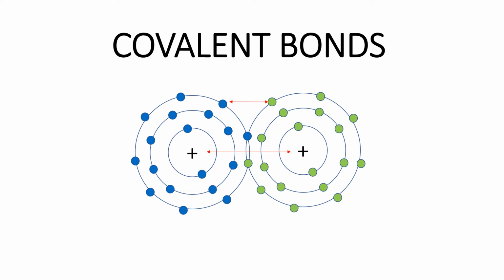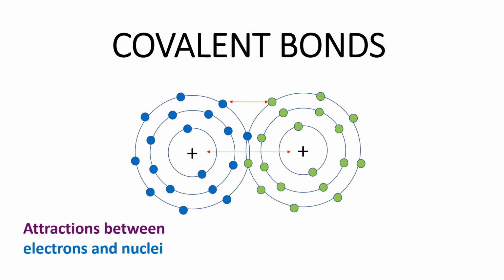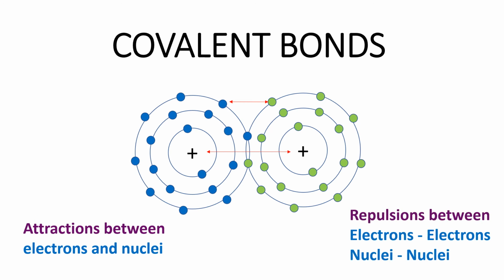In every bond, as well as in covalent bonds, there may be attraction between different charges and repulsion between similar charges. That means attraction between electrons and nuclei can exist. Repulsion between electrons and electrons or nuclei and nuclei can exist.